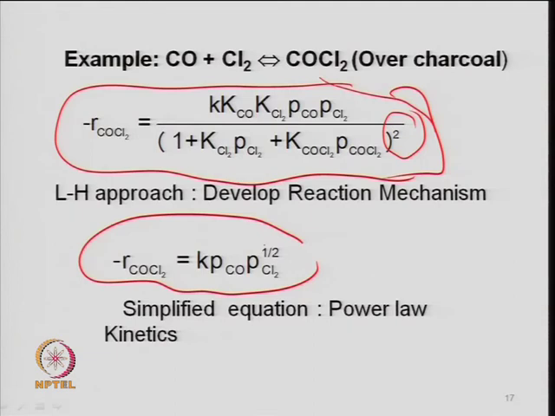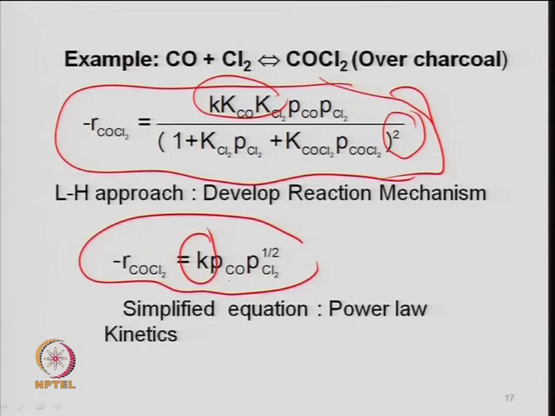although not very correct from the heterogeneous catalytic point of view, but one can correlate, because this value of k will be different than this one now. So, this is some kind of overall rate constant, which can be a combination of these. And here again we have written in terms of the partial pressure of chlorine and partial pressure of carbon monoxide.